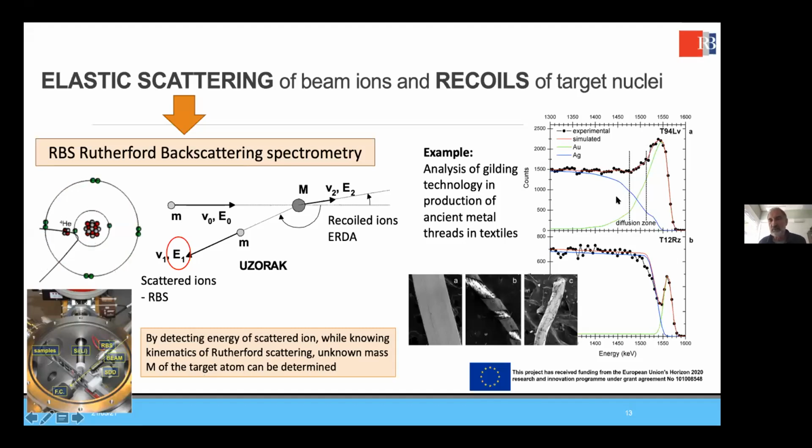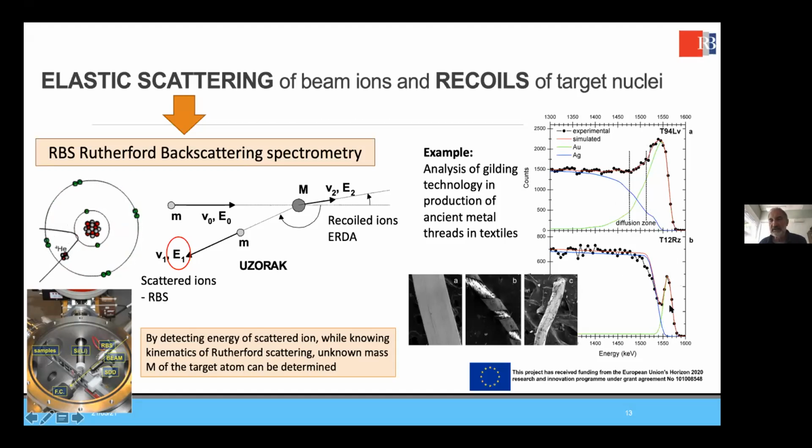This is one simple cultural heritage example, where we analyzed very old ancient metal threads which were made of silver and coated with gold. There were 2 different technologies, with a very thin gold layer.